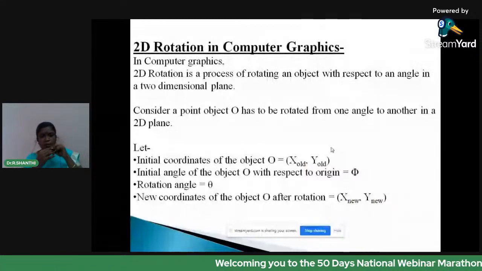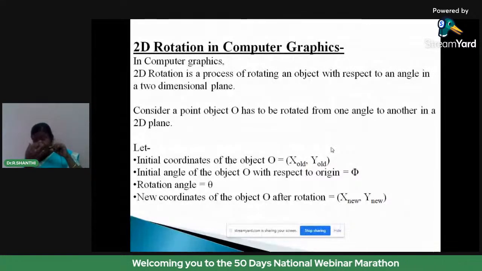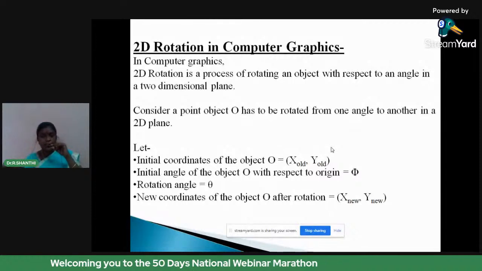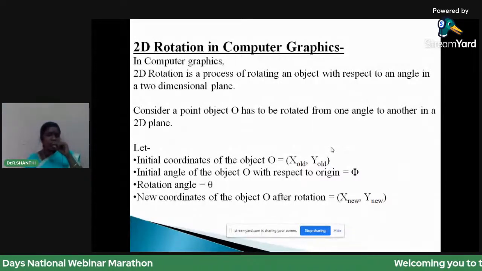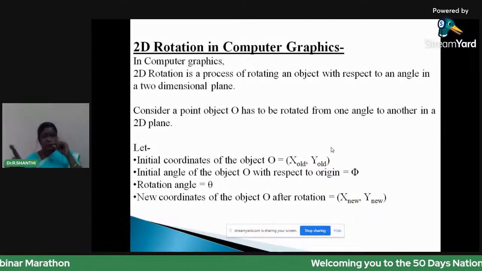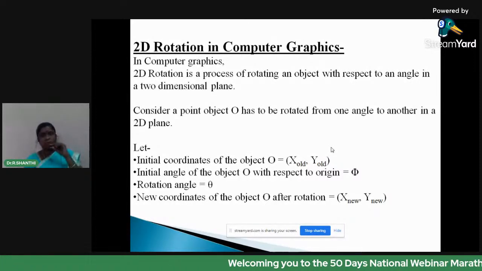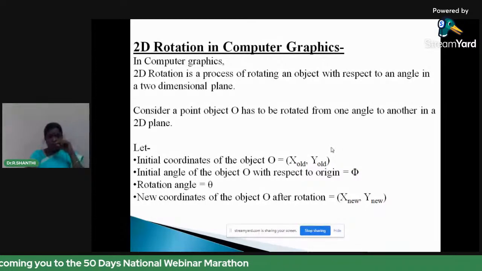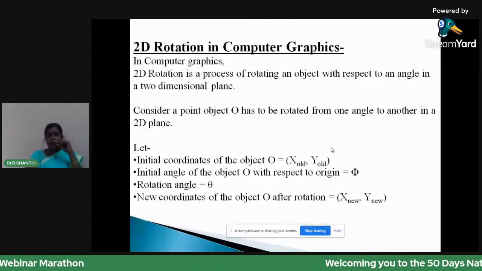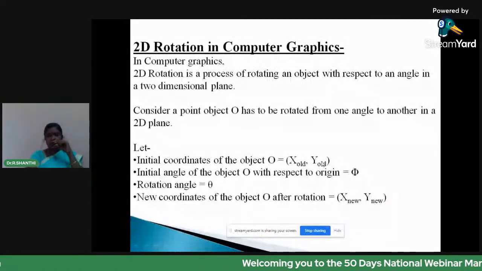While in rotation, you have to focus on two things. By default, rotation takes place in the anti-clockwise direction. If you're not specifying the direction in which to rotate the object, by default it will be anti-clockwise. So even here, the object will be placed in some location, which we call x old and y old.